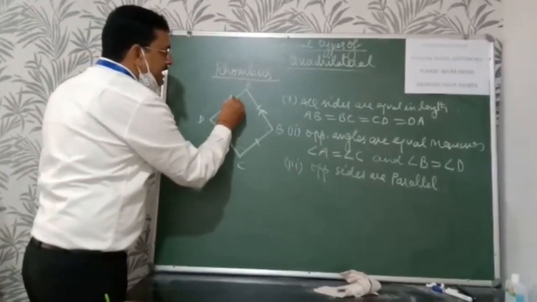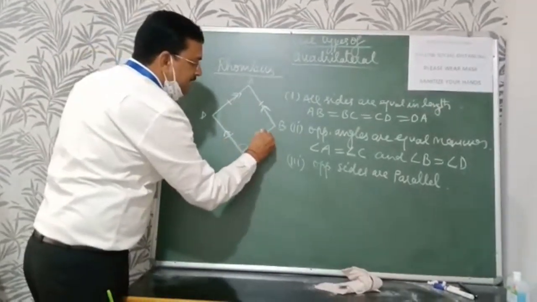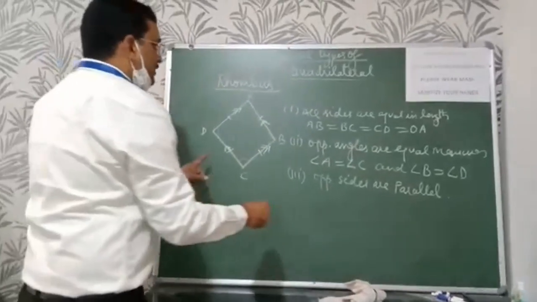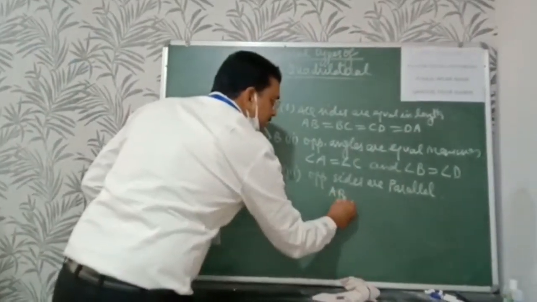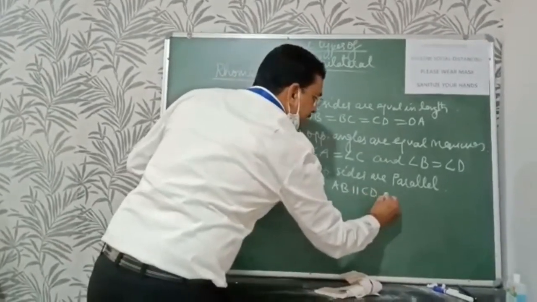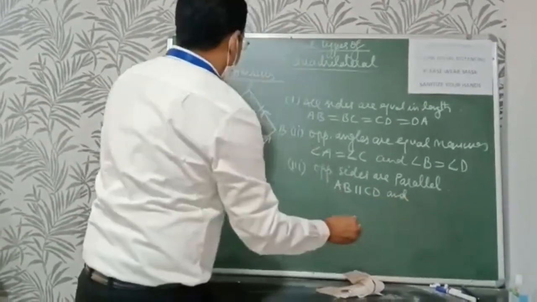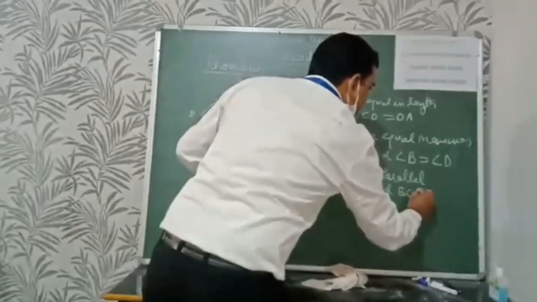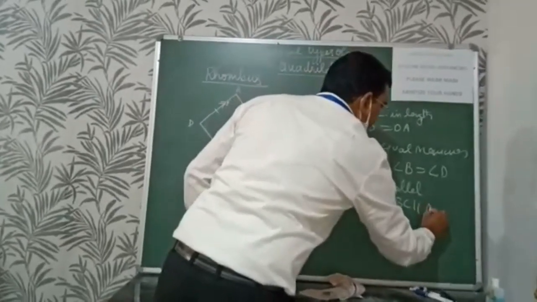Similarly, AD and BC are parallel to each other. So we can write here AB is parallel to CD and BC is parallel to AD.